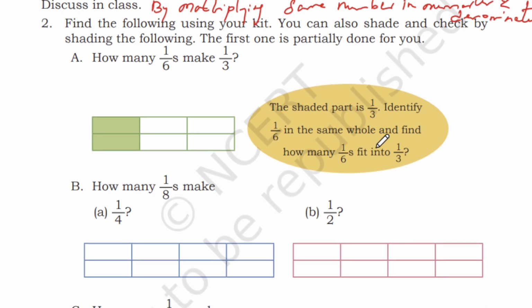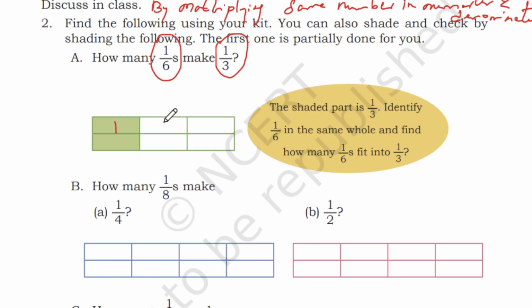Okay, next, find the following using your kit. You can also shade and check by shading the following. First one is partially done for you. Okay, so how many 1 by 6 can make 1 by 3? So how many 1 by 6 do we need to make 1 by 3? The shaded part is 1 by 3.